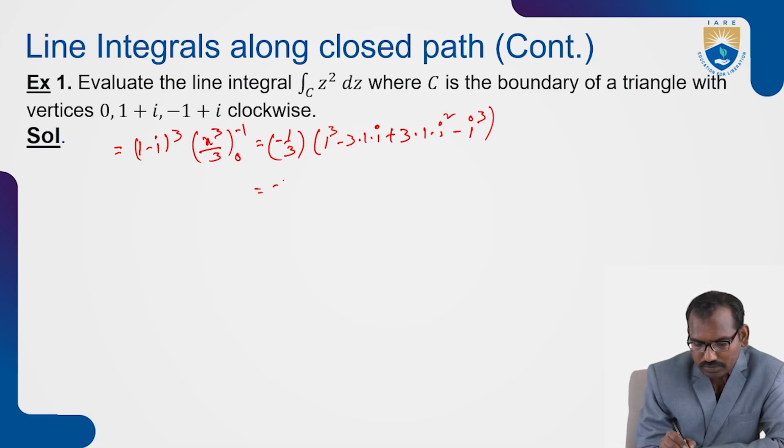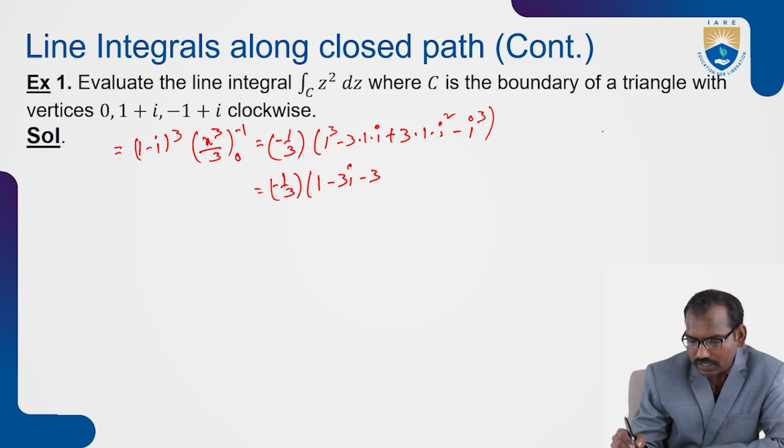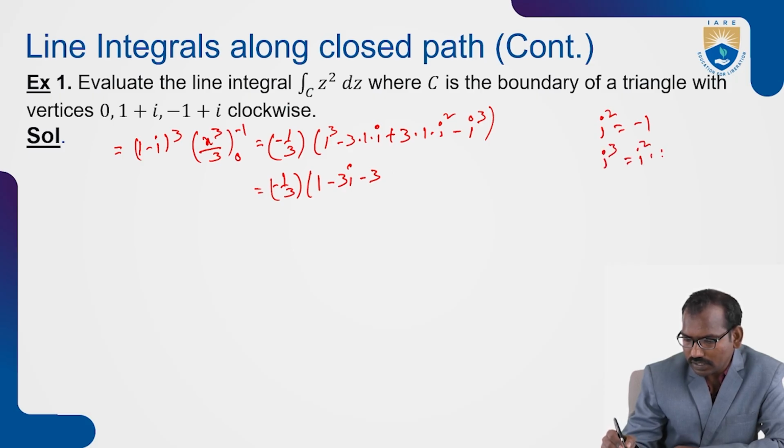Here you will have minus 1 upon 3 and 1 minus 3i, minus 3, because i square is minus 1, minus i cube. i cube is i square times i. i square is minus 1 into i, so this becomes minus i.